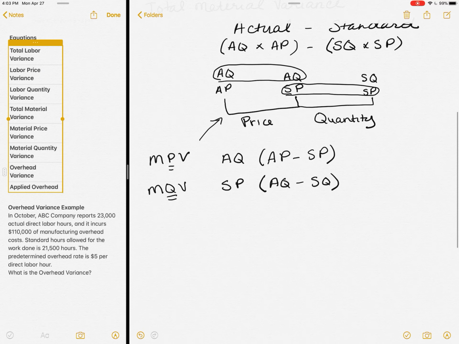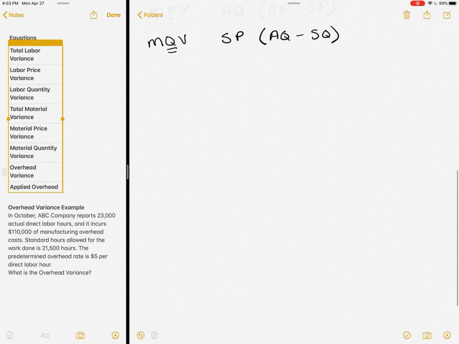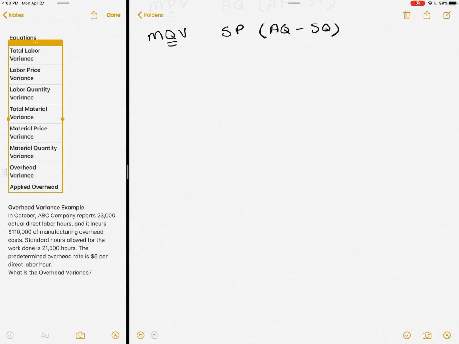And our final variance is our overhead variance. Our overhead variance is just simply our actual minus our standard.